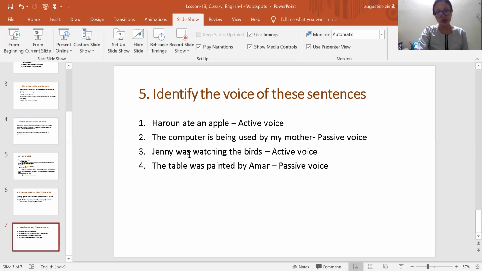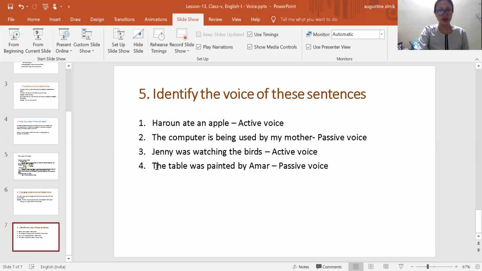Number 3, Jenny was watching the birds. What type of voice is this? It is an active voice. Why? Because here the subject performs the action, and our focus is mainly on the action done by the subject. See, the action is done by the subject. That is why this is an active voice.